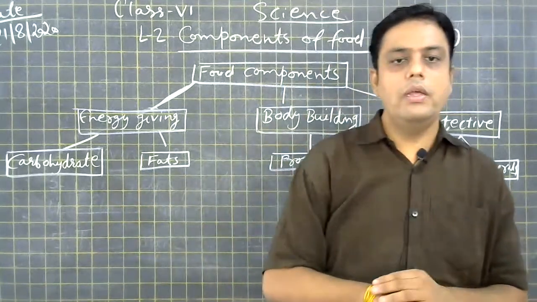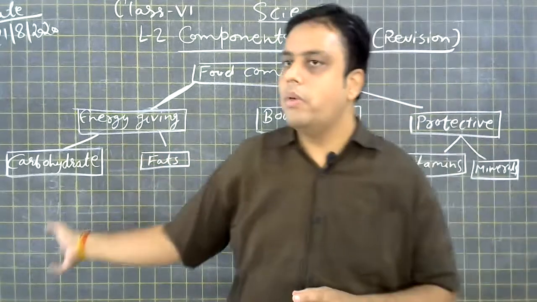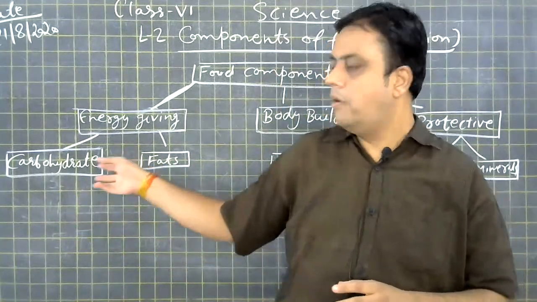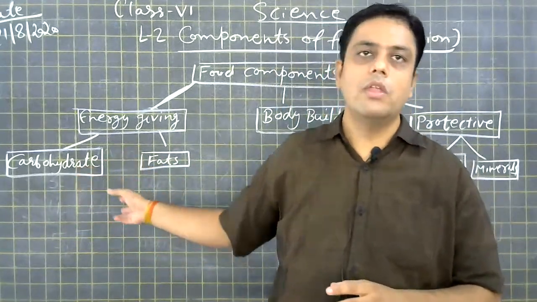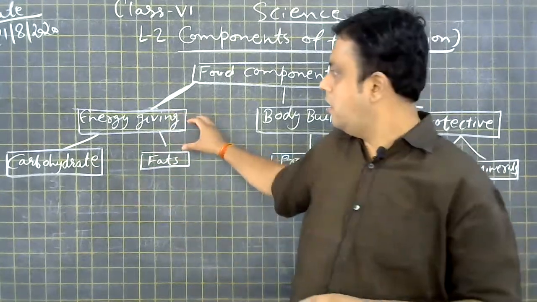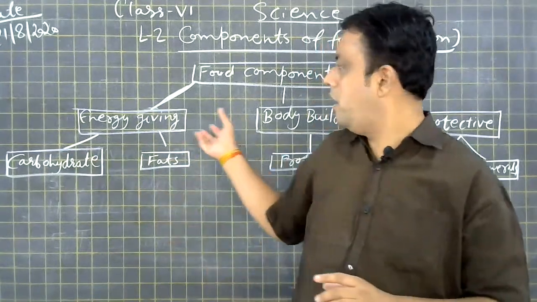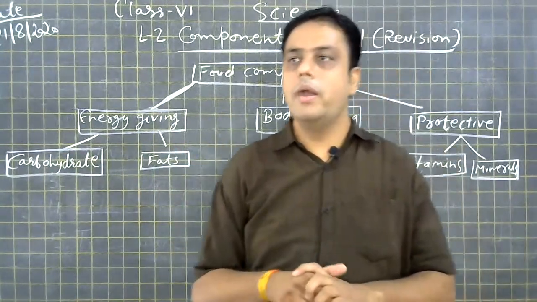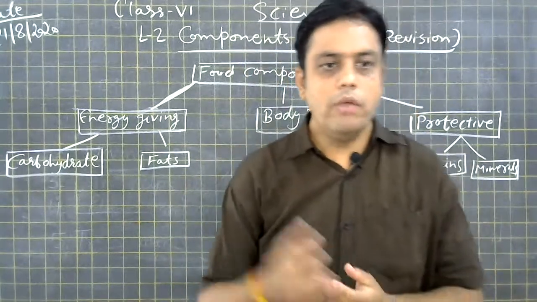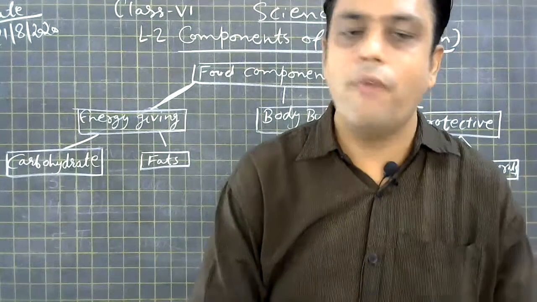Okay, and examples of carbohydrate that you should remember. Questions will be: write the food items which are rich with carbohydrate, food items which are rich with fat. Then you can also name the nutrients that are energy giving, that is carbohydrate and fat. Now if you answer in the comments, some are writing fast food.